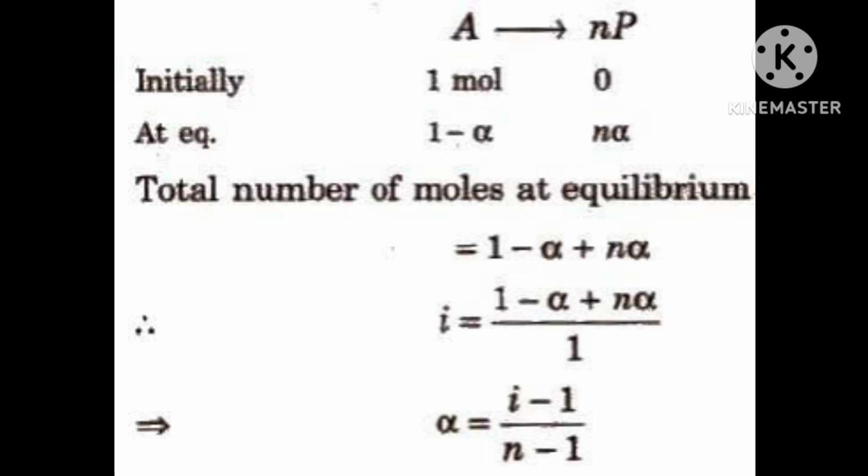Now you can start the actual calculation. 2 gram you convert into mole, 2 gram divided by the molecular mass of benzoic acid. The benzoic acid molecular formula, C6H5COOH, you can calculate easily. C is equal to 12, H is equal to 1, oxygen is equal to 16. Add it all.